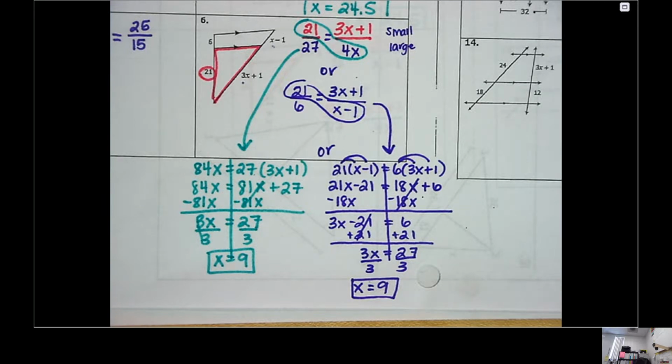And additionally, I saw a couple people do this. Please remember, when you are multiplying a single number by an expression, you have to multiply it by both the x and the -1. If you only do it for one piece and you're not doing the whole multiplication, you're not going to get the right answer. Okay? So make sure you're distributing to everything.